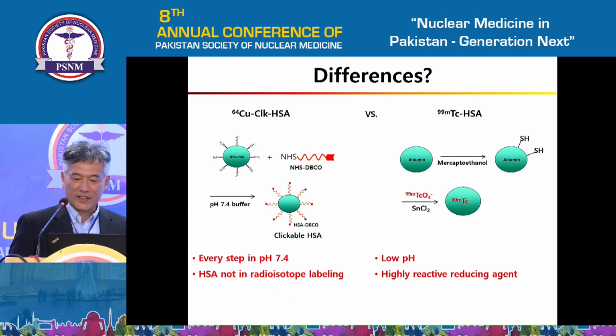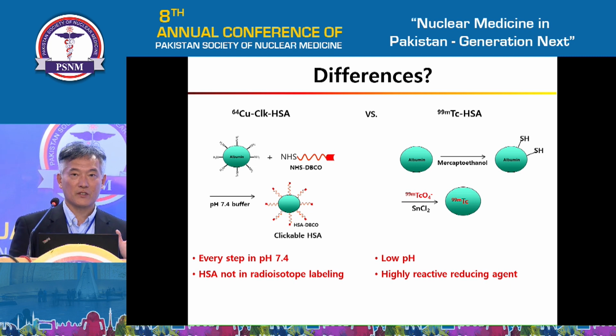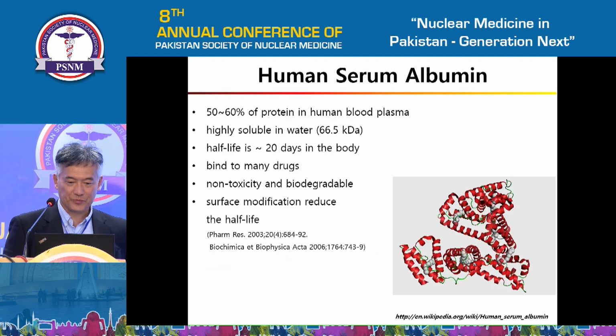So we think the earlier technetium HSA is not the real human serum albumin. We think copper-clickable human serum albumin can maintain the nature of the serum albumin. That's why the blood circulation time is highly increased.